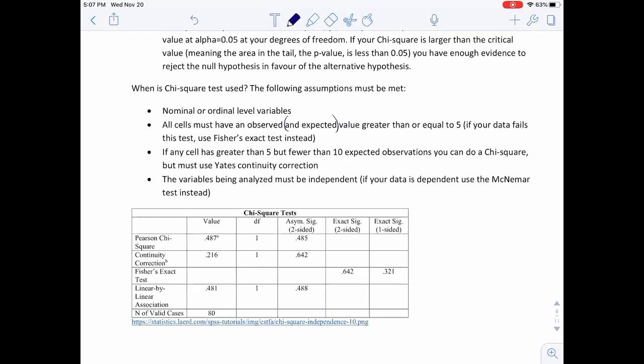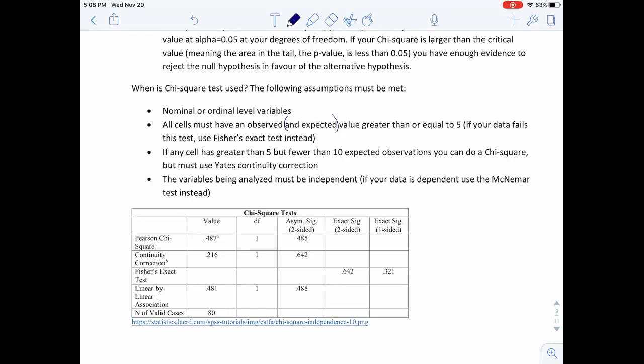If it passes that check-in point, we have more than 5 in each cell, great. Then we move on. Do we have between 5 and 10? So basically, do we have less than 10 in any of these cells? More than 5, but less than 10.